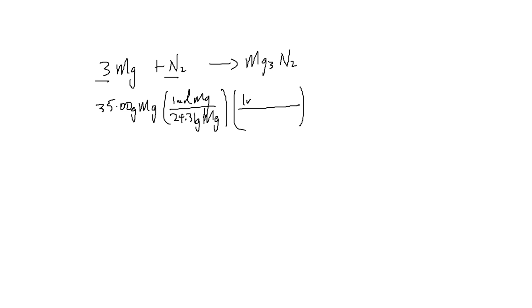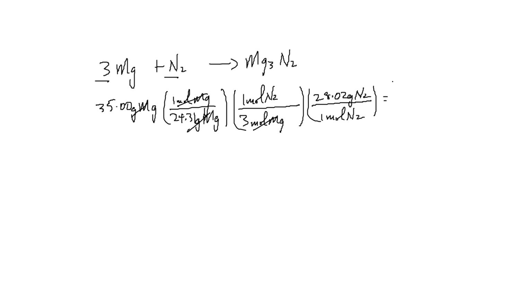So we're going to put 1 mole of nitrogen above as the numerator, 3 moles of magnesium below as the denominator. So that cancels that, and therefore the next conversion factor is where we convert the moles of nitrogen to grams, which means we need the molar mass, which is, in this case, for nitrogen, 28.02 grams of nitrogen per 1 mole of nitrogen.